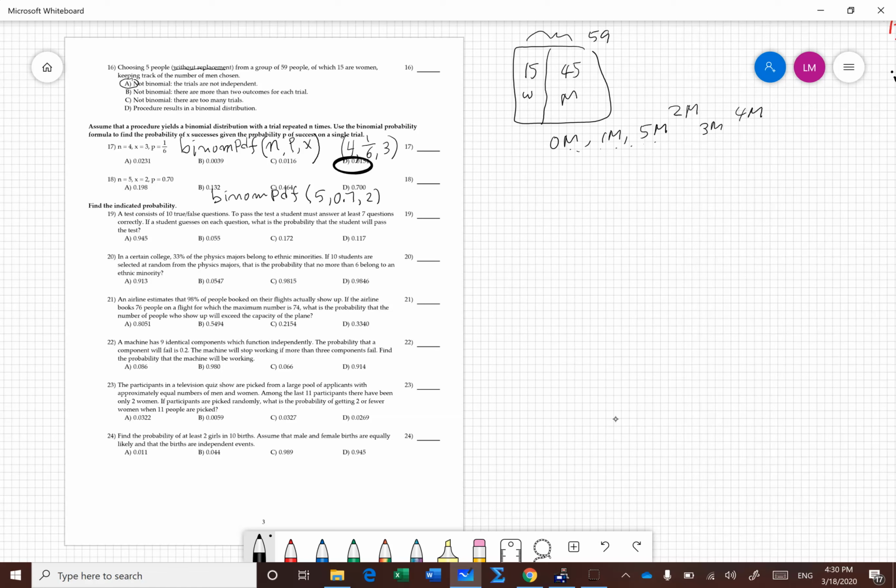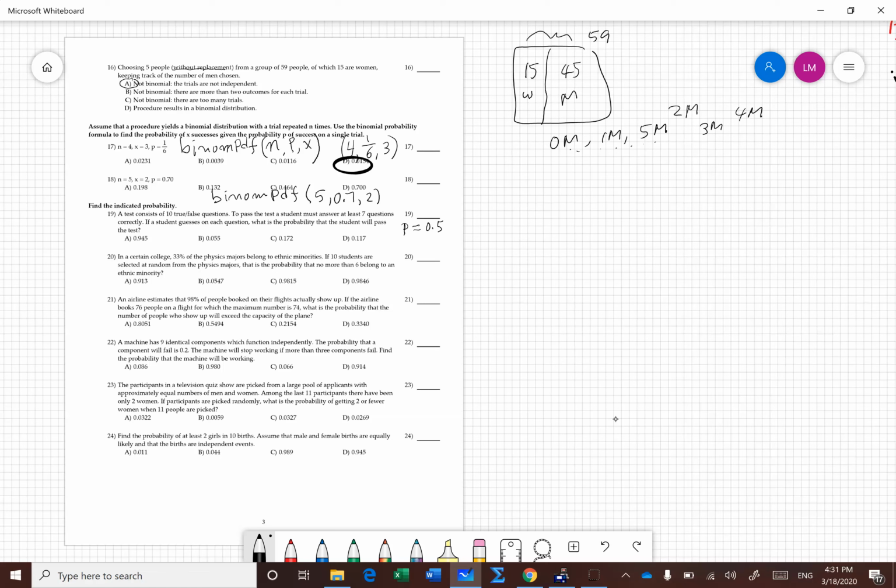Number 19. A test consists of 10 true-false questions. That means true-false means what? Probability is 0.5. You are either correct or wrong. To pass the test, students must answer at least 7 questions correctly. Okay. If you guess each question, what is the probability that a student will pass?